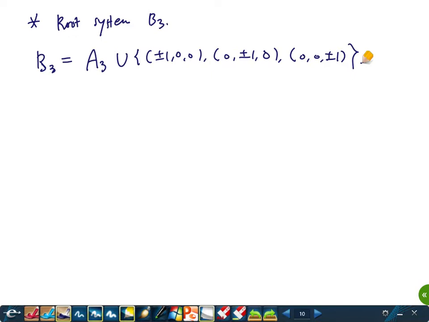And notice that for type A3, the green edges, or green vectors, all have the same length, square root of 2. But this blue edge has length 1. So they have 2 different lengths.